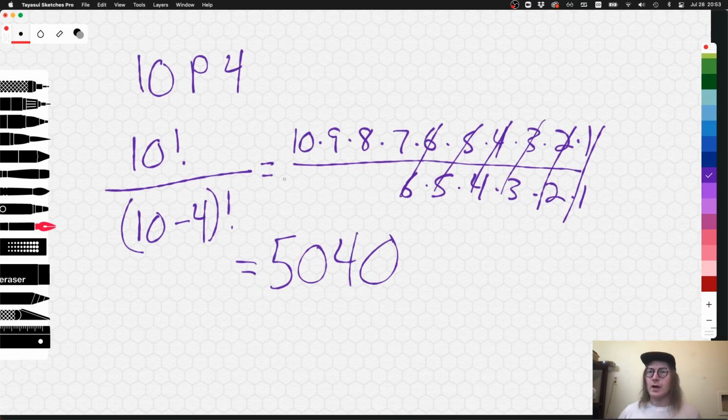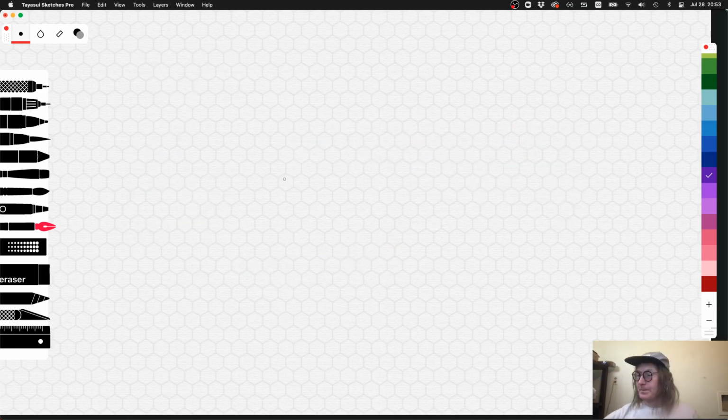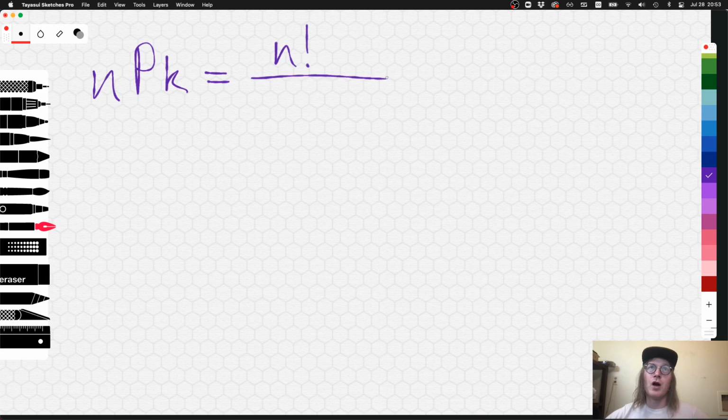So again, just to reiterate, this is our base system, you could say. N is our base system, or the number of objects that we're trying to arrange, and we're going to permute k of them. This is going to be the number of the arrangements of all of them reduced by the number of arrangements of something like the complement.